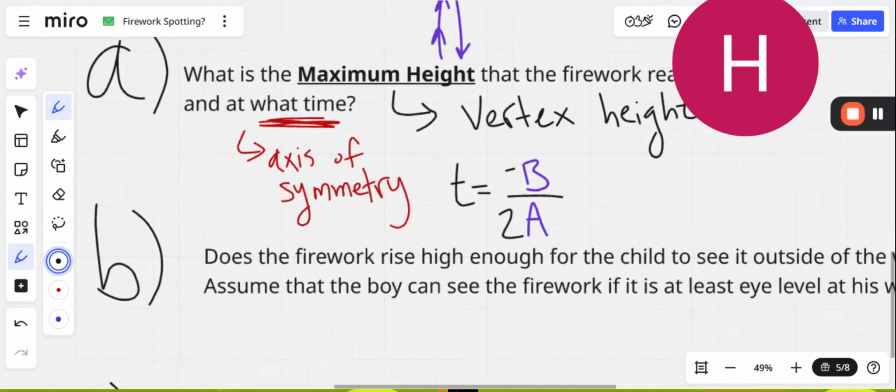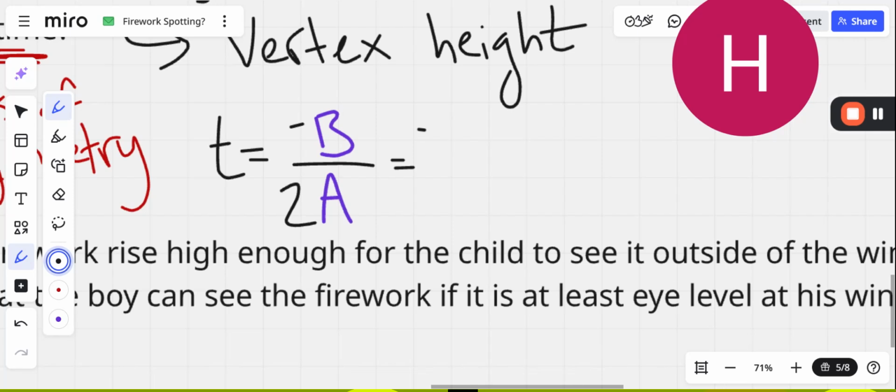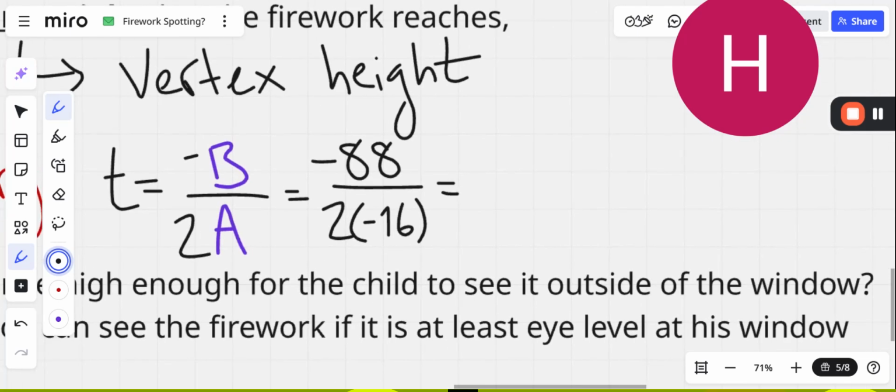Which means if we're looking for the axis of symmetry using these values, we're going to have negative 88 over 2 times negative 16. And it's good that we have a negative on top and on bottom, not just on top, not just on bottom. Why is that? That's because time needs to be positive.